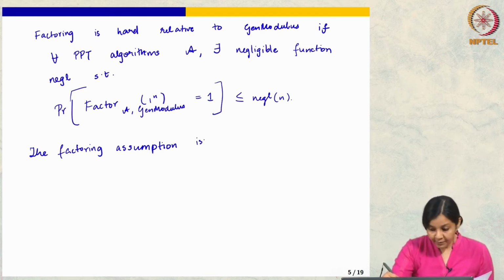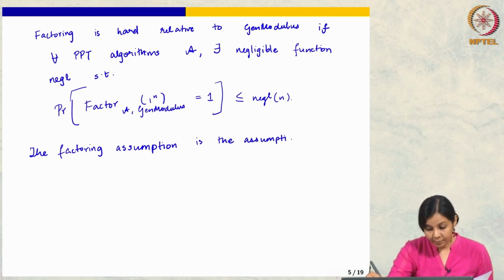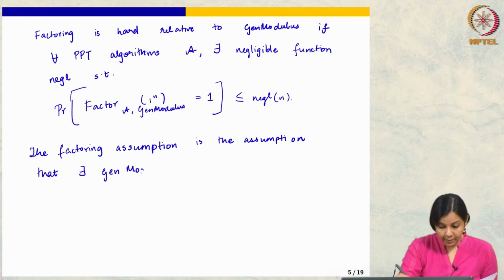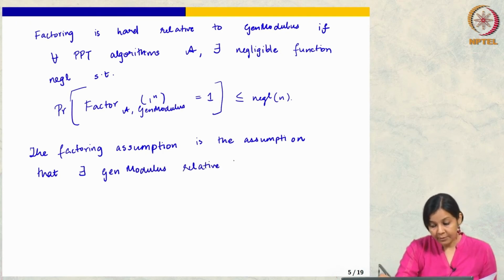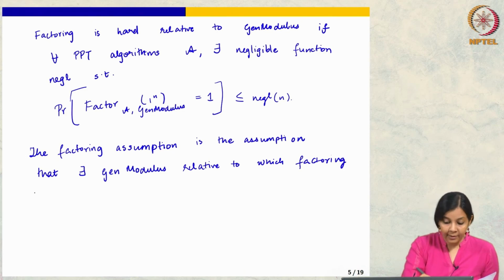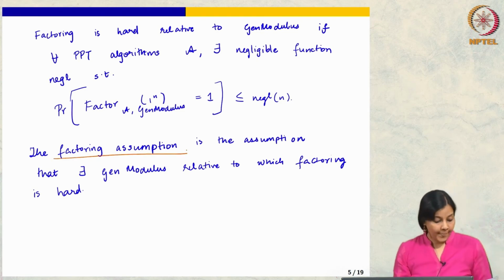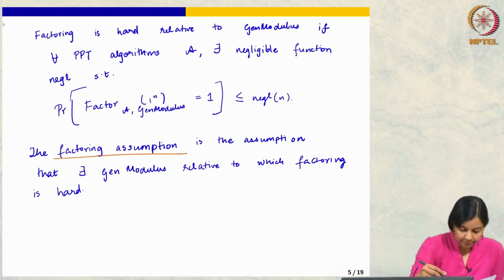So, the factoring assumption is the assumption that there exists a gen modulus algorithm relative to which factoring is hard. Okay, so this is a definition.